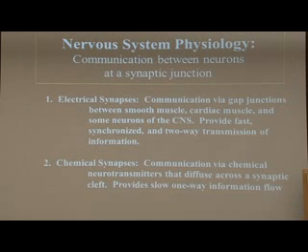Okay, so if we look at how neurons interact, the place where neurons interact is a synapsis. So that's the synaptic cleft, all right? So if neurons are actually in physical contact with each other, and they have communication junctions called gap junctions, then you don't need a neurotransmitter. If there's a physical space between the two neurons, then you need some way to convey information across the space. So some areas in our brain we use electrical synapses, which is communication via gap junctions.